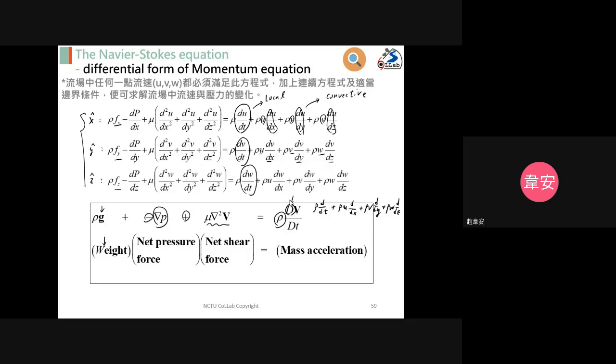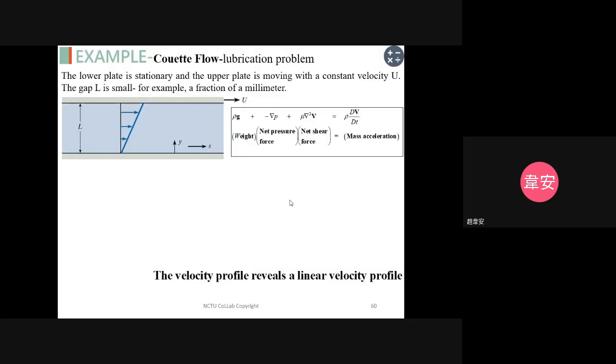Okay, so let's go back to the exercise. As I mentioned, since we know the Navier-Stokes equations, we can determine the flow velocity field for any conditions. For the first exercise, we know that Couette flow can be applied to the lubrication problem.